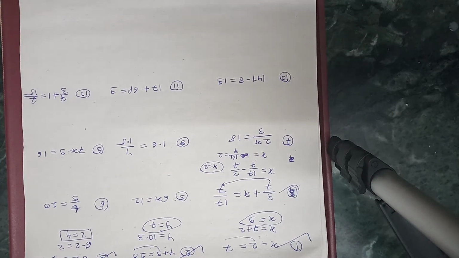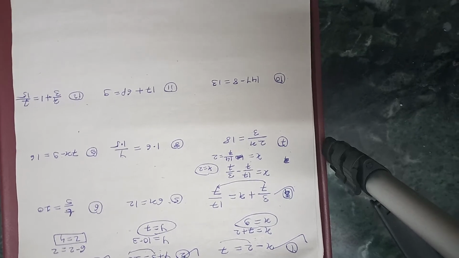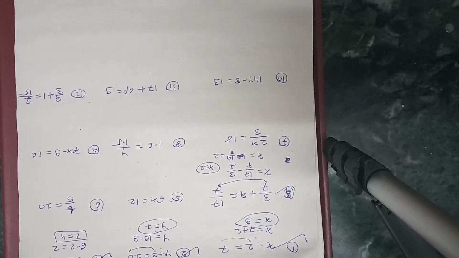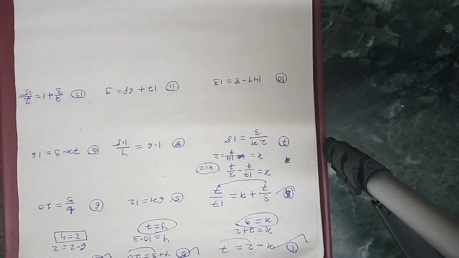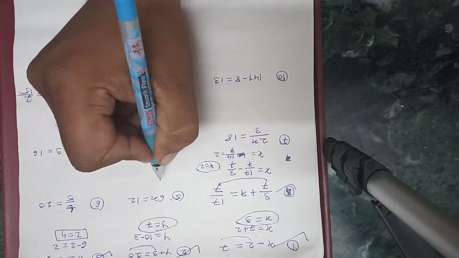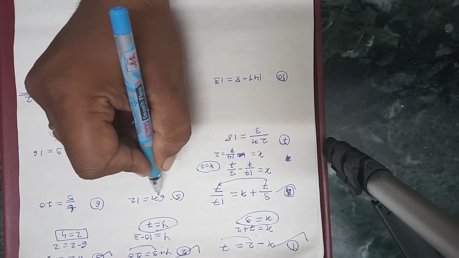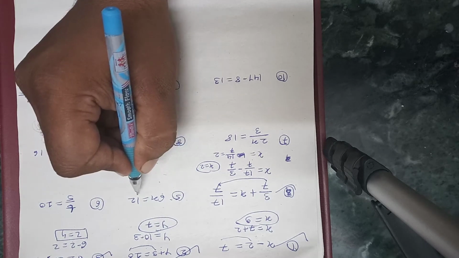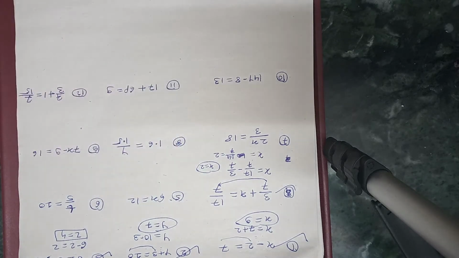Now we have one more example, that is 6x is equal to 12. In this case we will transfer this 6 to the RHS side, but the scenario is slightly different because we are transferring a multiplication value to the RHS side.